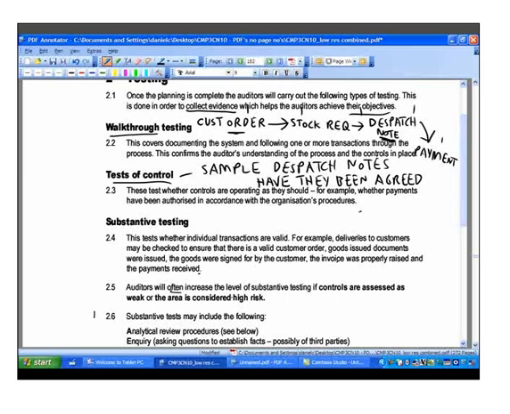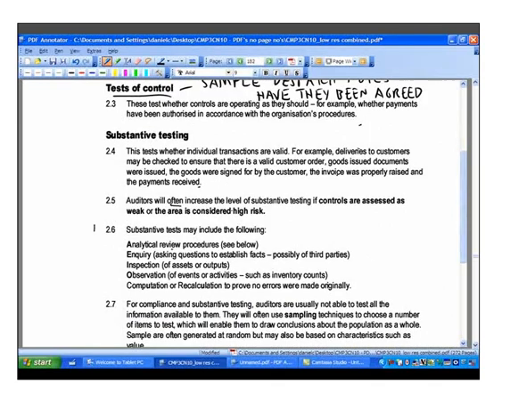So if you have a certain balance in the balance sheet, let's say debtors, then one audit test you could carry out is to check with customers whether they agree the debtor balance. And if your customers all agree the debtor balance, then you can be confident that that debtor number is correct. So it's actually checking the substance of the transaction, to see whether it's correct.